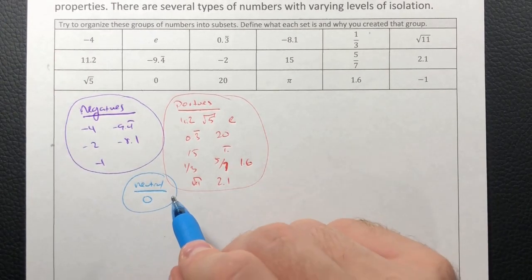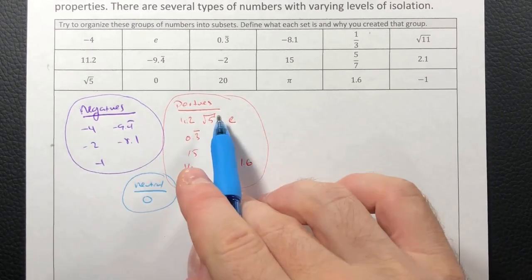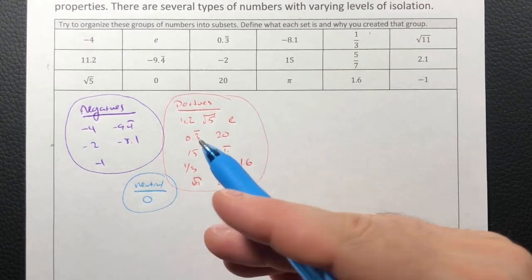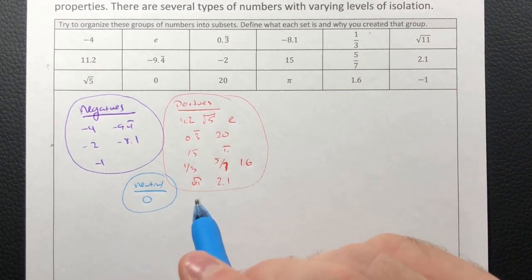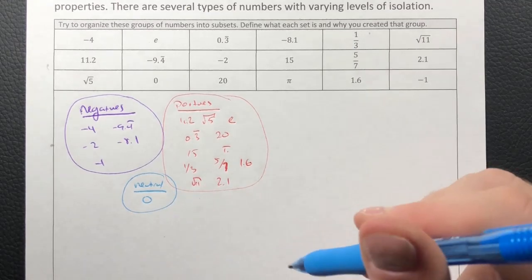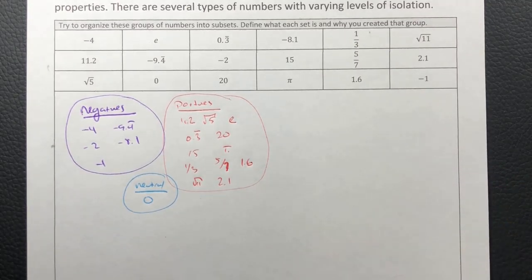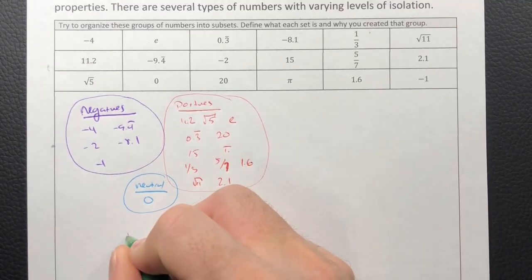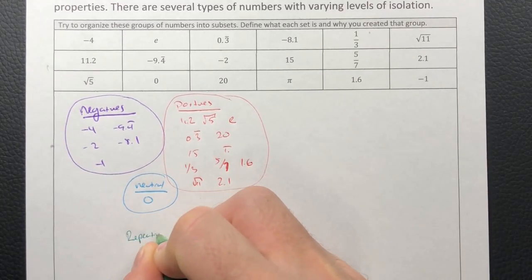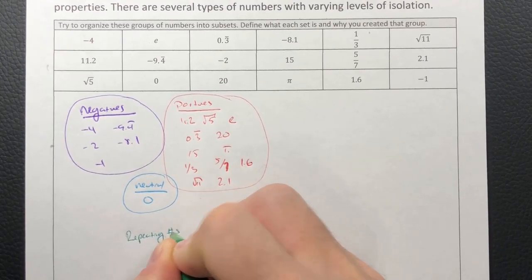Now, things get tricky when I take my negatives, my positive, and neutral, and I try and divide them into a different subset. So one of the things that I could do is I could say, how about repeating numbers? And so let's do this in green. Okay.